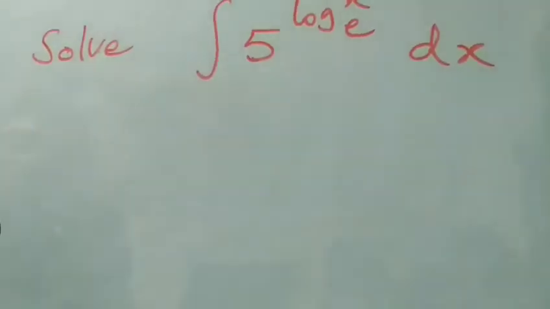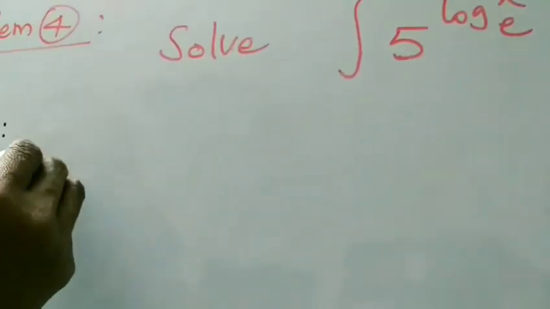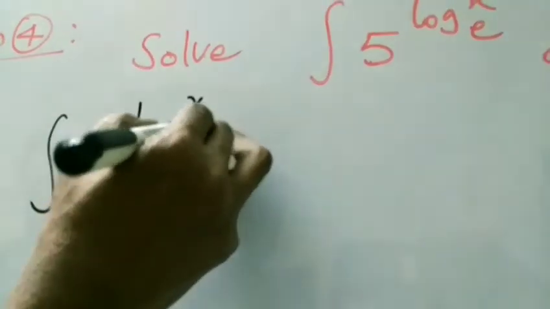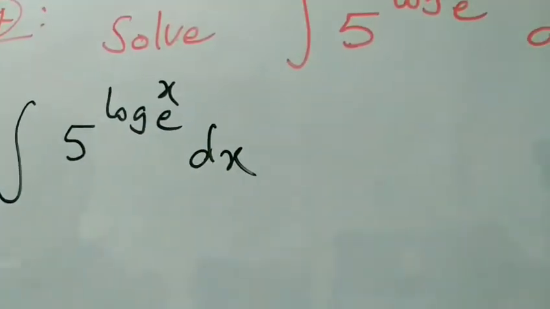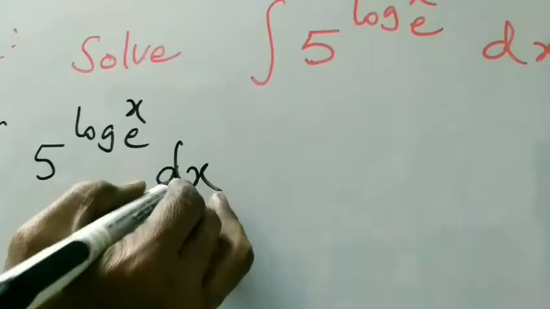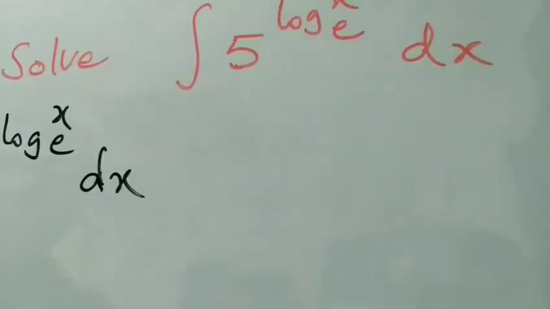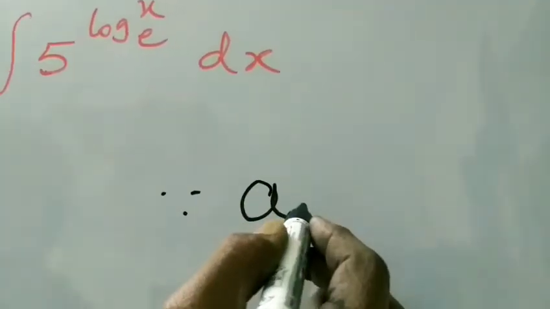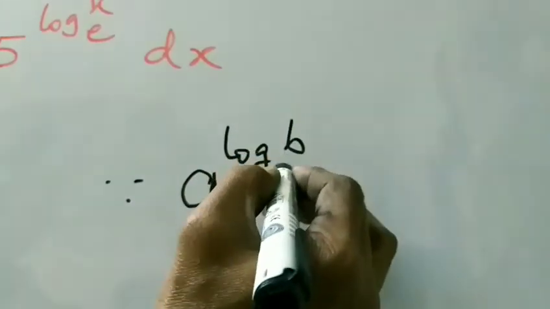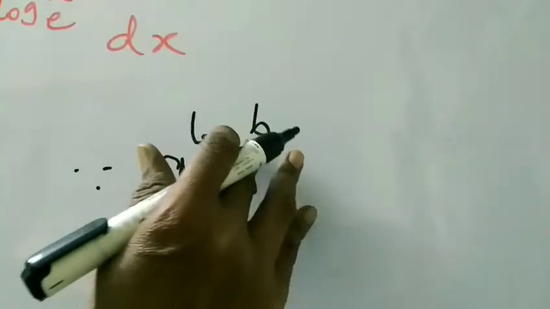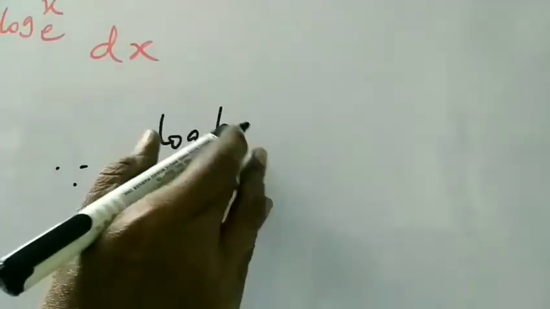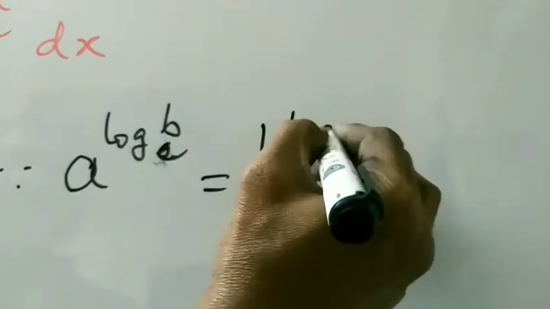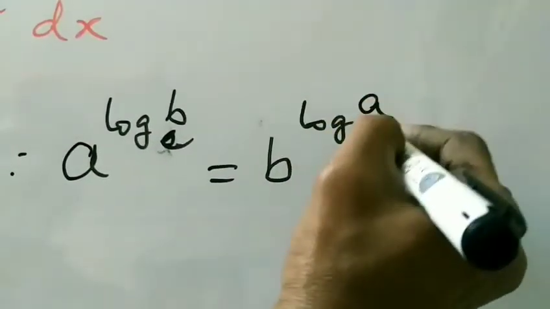To solve this one, we know that a to the power of log b to the base e is equal to b to the power of log a to the base e.